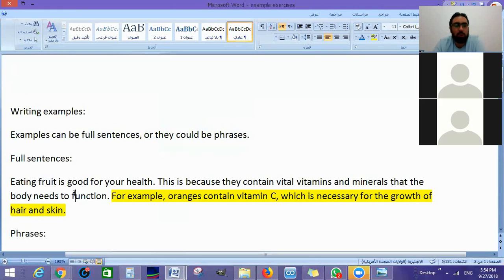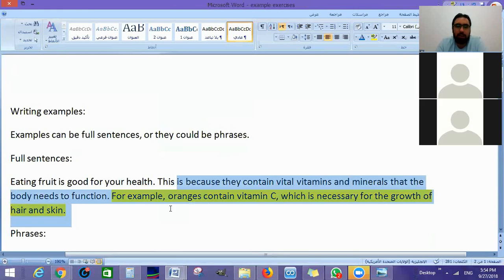Okay, so here we have examples. Eating fruit is good for your health. So let's say this is the main idea. And this is the supporting idea, the reason. This is because they contain vital vitamins and minerals that the body needs to function.